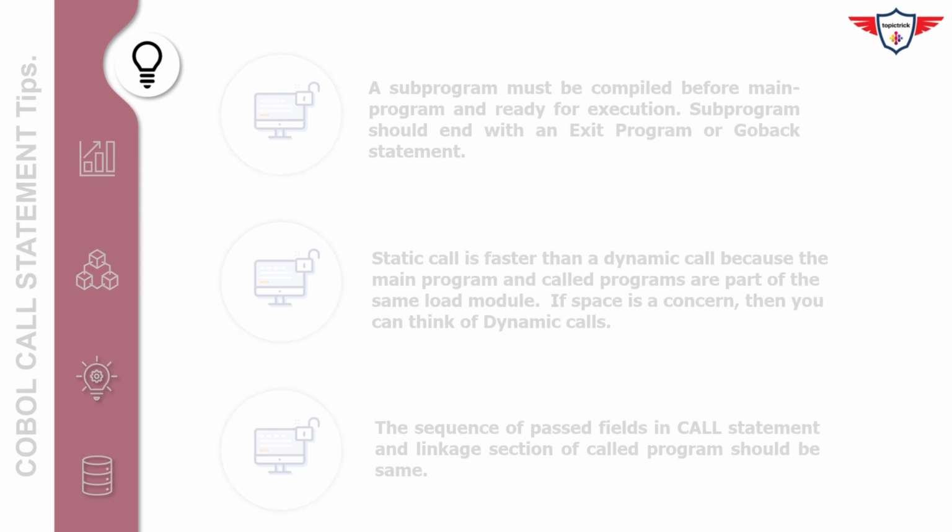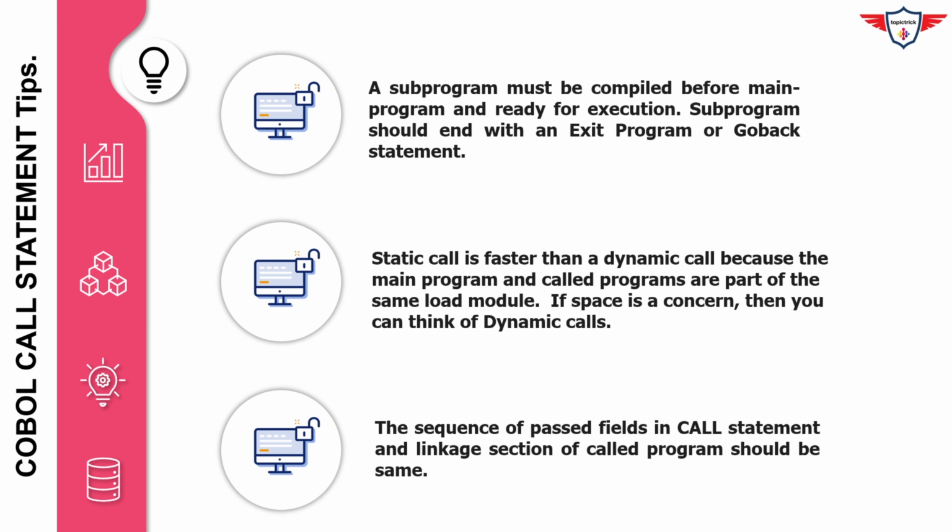Now let's go through a couple of important points related to the COBOL call statement. The first point is that a subprogram must be compiled and ready for execution before you actually compile your main program. And you should always use the EXIT PROGRAM or GOBACK statement in your subprogram. You should never use STOP RUN. A static call is faster than a dynamic call because the main program and subprogram are part of the same module.